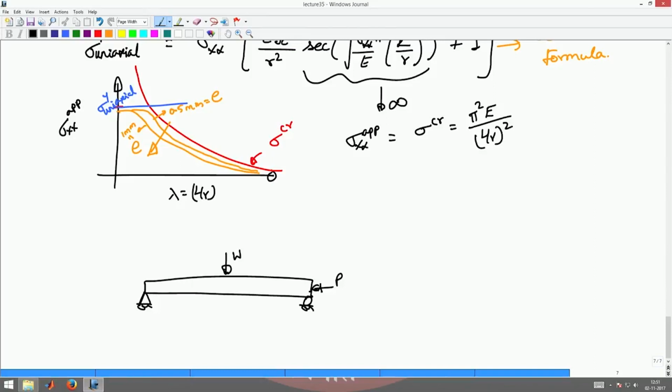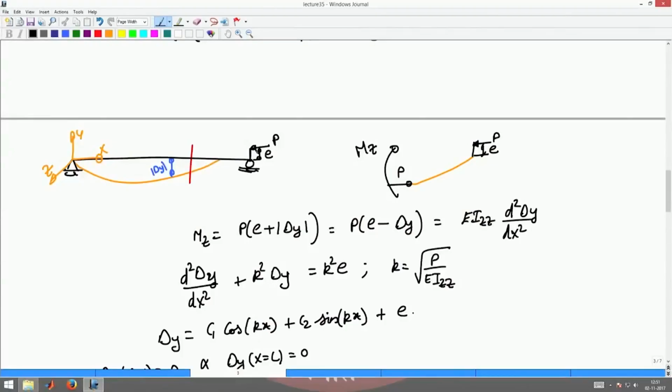Okay. The other point to note is, once you have an eccentricity, the direction in which the column bends would be the direction in which the eccentricity of the load is. So, if I add a load which is eccentrically displaced upwards, then this column will deform only down. On the other hand, if I add this load eccentric downwards, this column would deform something like that.